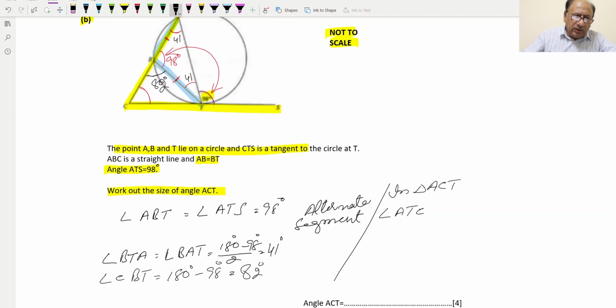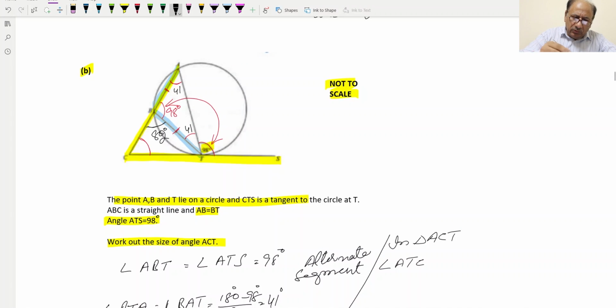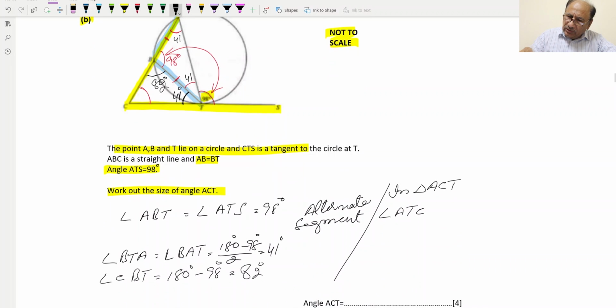Basically we don't have that angle, so we can find this angle also by the alternate segment theorem, which will be 41 degrees. So instead of writing this, we can write angle CTB is equal to 41 degrees.